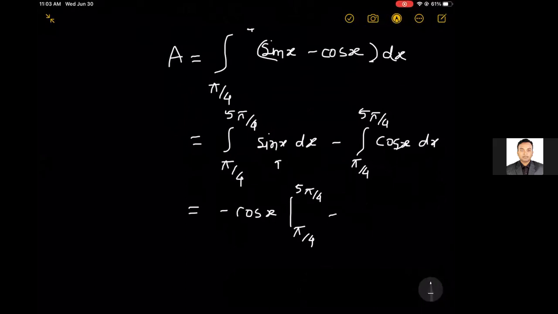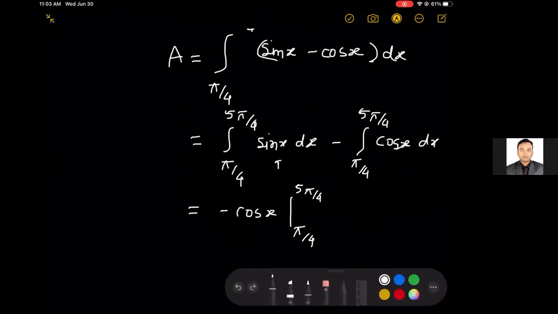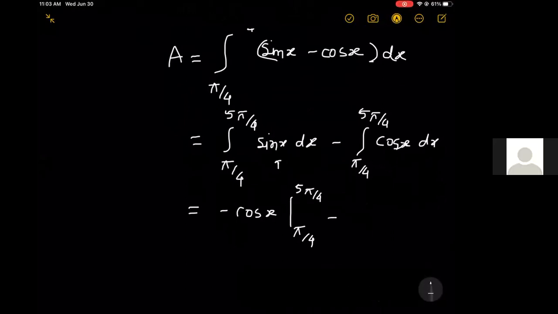And what's the antiderivative of cosine x? Someone from the second group? Negative sin x. No, the antiderivative of cosine x is not negative sin x. Sin x? Yeah, do you mean including this negative?